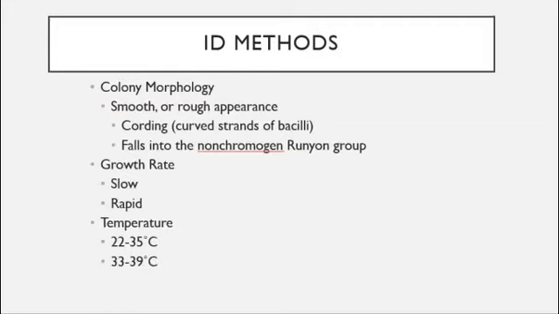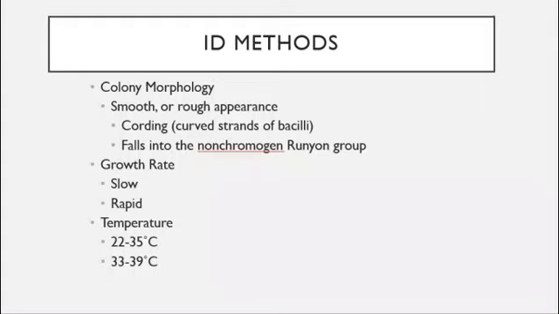For colony morphology, we can have anywhere from smooth or rough appearance, but as far as the rods, they can be corded looking. They can be in curved strands of rods or bacilli. They fall into a non-chromogen category as far as color, or they're very light in pigment.